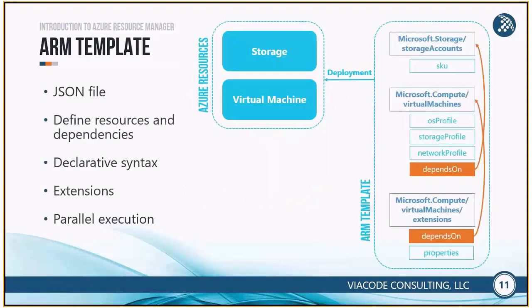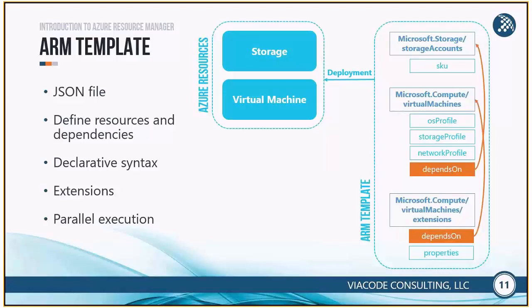So, what is an ARM template? It is a JavaScript Object Notation file, or simply a JSON file, that defines one or more resources to deploy to a resource group. It also defines the dependencies between the deployed resources. Think of an ARM template as a detailed construction plan, which, as mentioned earlier, Joe will investigate and use to build the house.